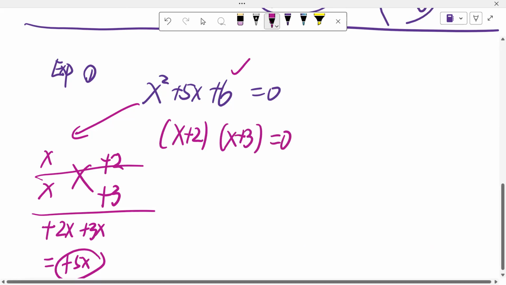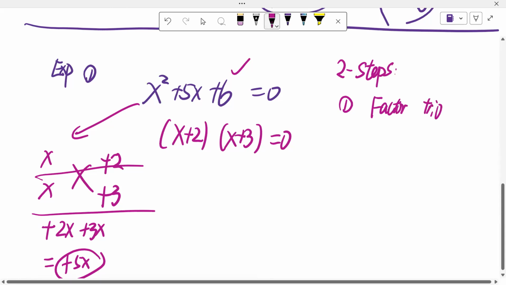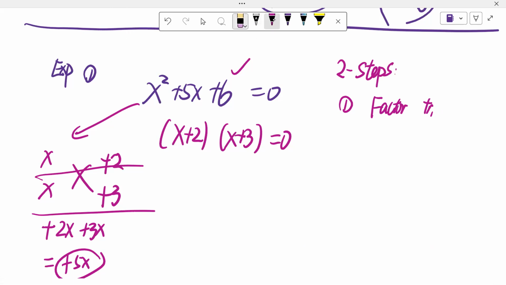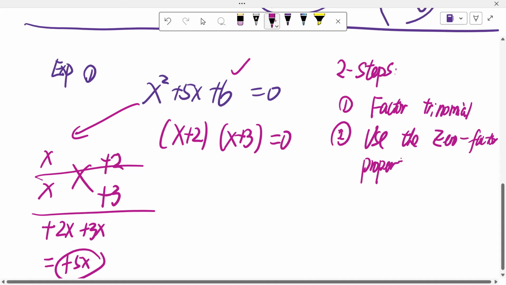Factor first. It's a couple of steps, right? Two steps. First one, factor the trinomial, and after that, secondly, use the zero factor property and solve for the variable.